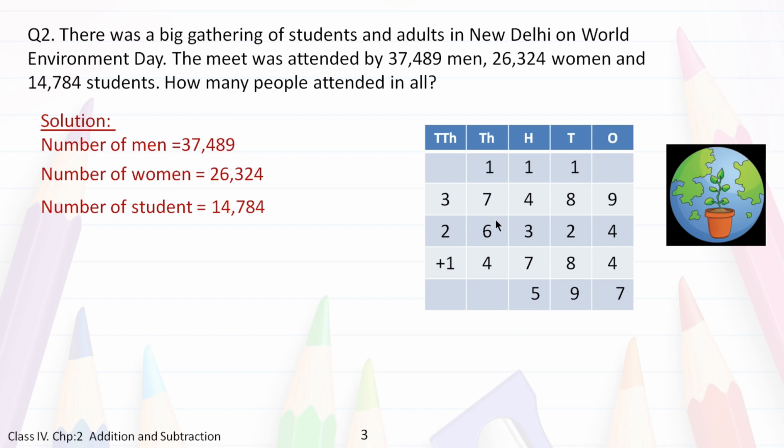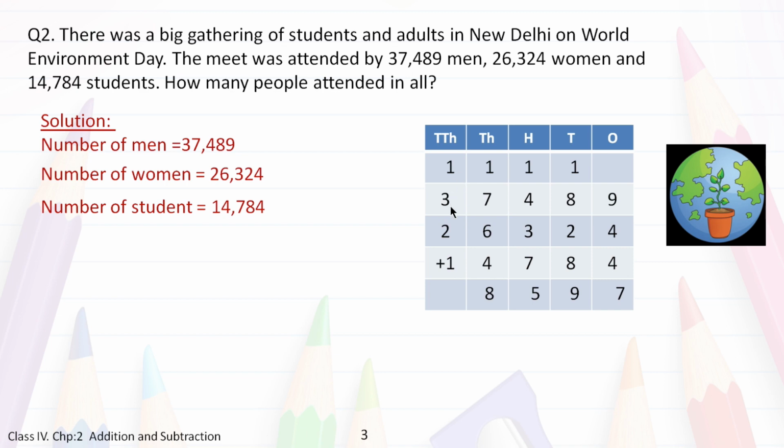And 1 plus 7 plus 6 plus 4. See, what you will do, 6 plus 4, first you find out the sum of 10. 6 plus 4 gives 10. I know that. So 10 plus 7, 17 plus 1, 18. It's not necessary you add it likewise only. See which is convenient for you. Okay. So this will have our answer as 18.